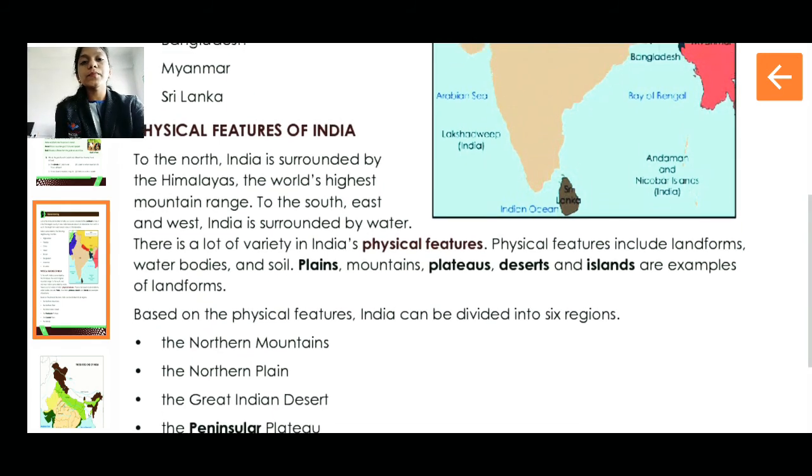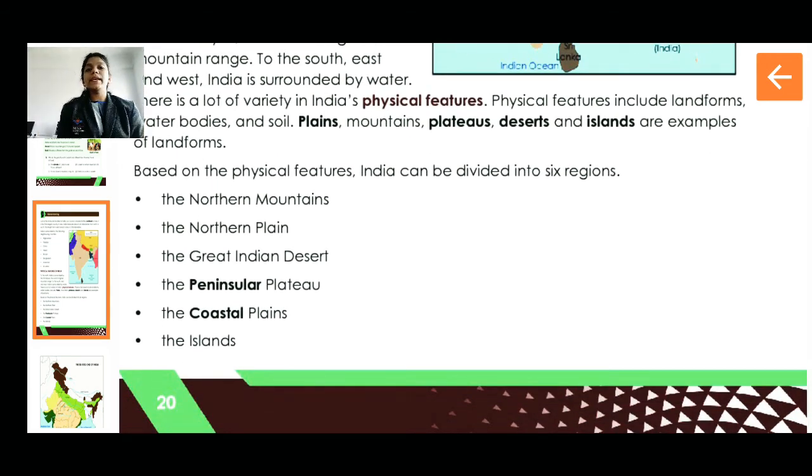Okay students? Now here, based on the physical features, India can be divided into 6 regions. They have divided India into 6 regions. So how many regions does India have? It has 6 different regions. Which are those?